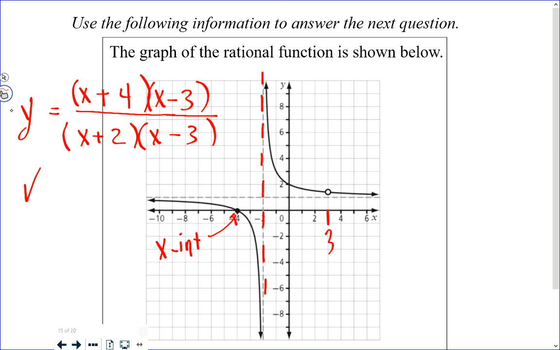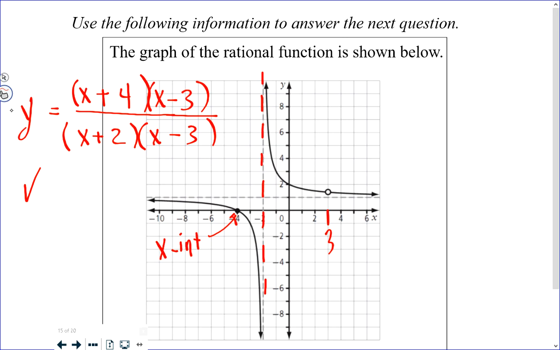To summarize this lesson, when you have a factor in the numerator and denominator of a rational expression, that will show itself on a graph as a hole in the graph. When you have a factor in the denominator but not in the numerator, that will show it to you on a graph as a vertical asymptote.